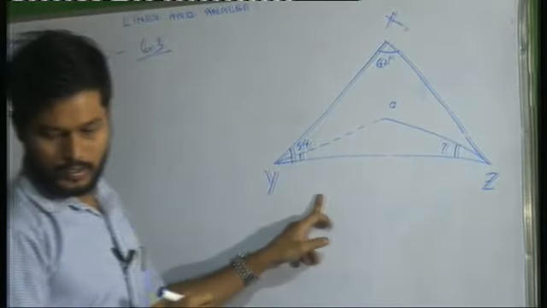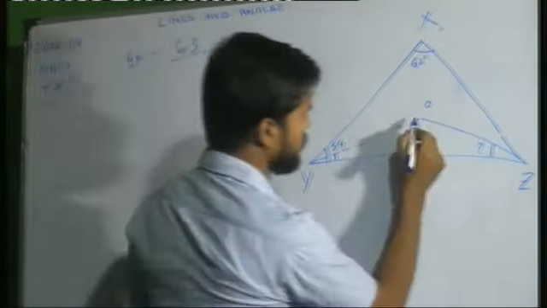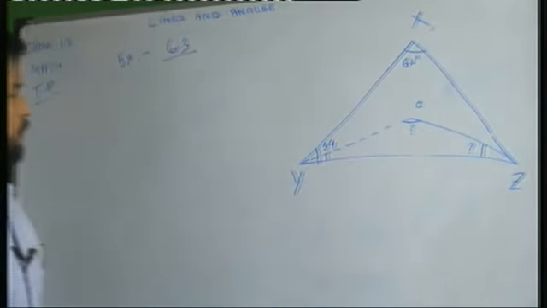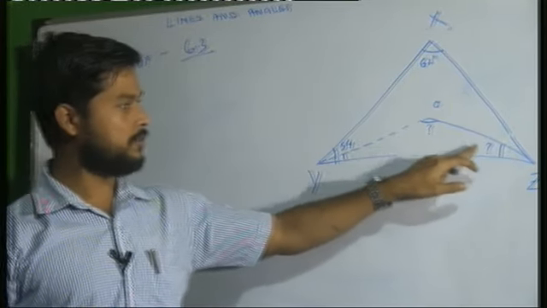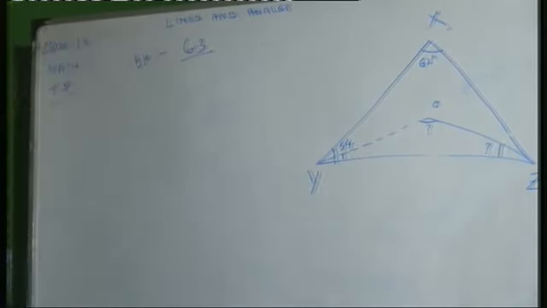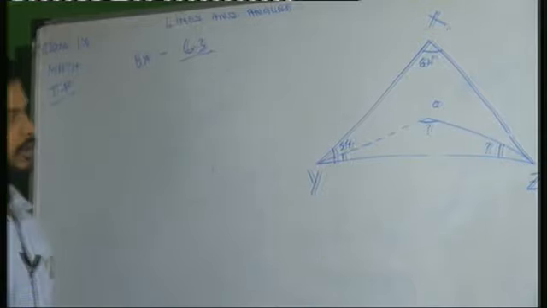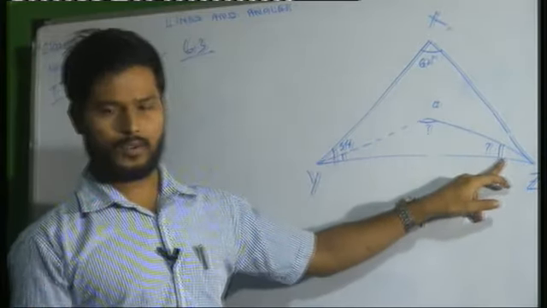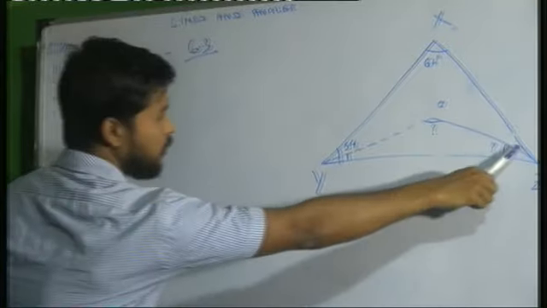And the second question is the value of angle YOZ. This. So we have to calculate the value of this angle and the value of this angle. Now first we consider the triangle XYZ. In that triangle, two angles are given, but one angle is not given. So calculate this unknown angle.